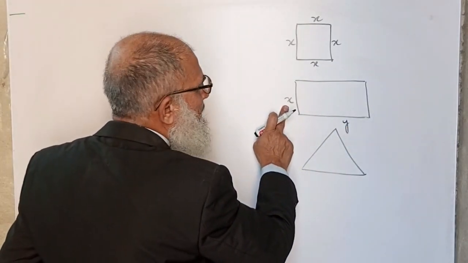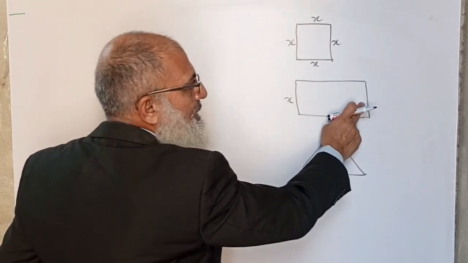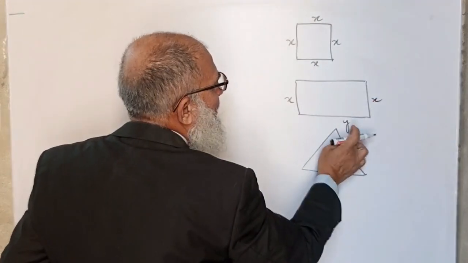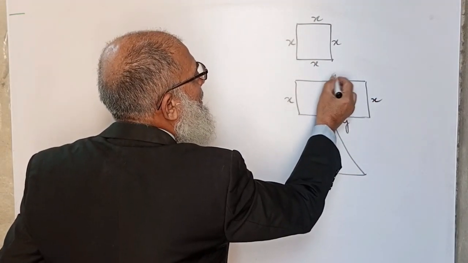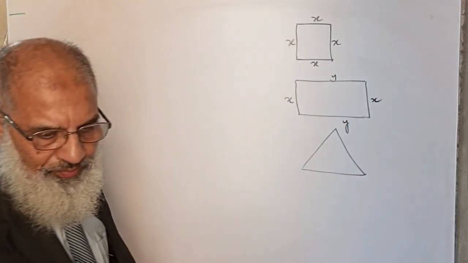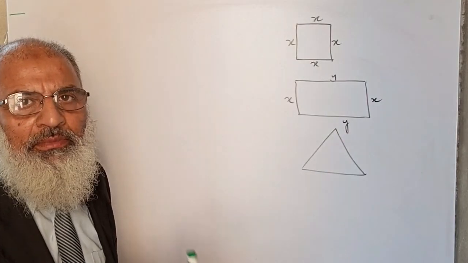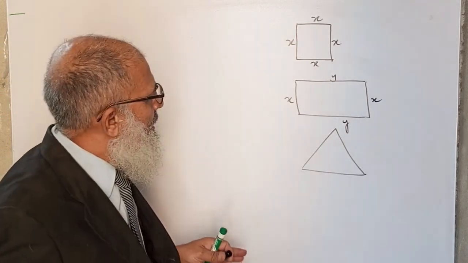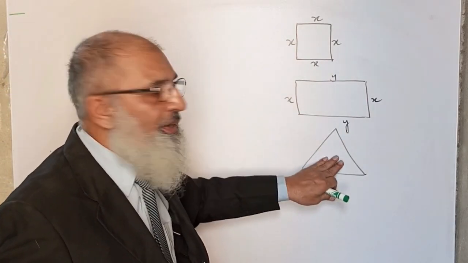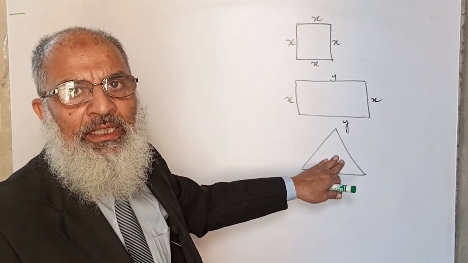If this is x, the opposite side will also be x, and the opposite side of this is again y.